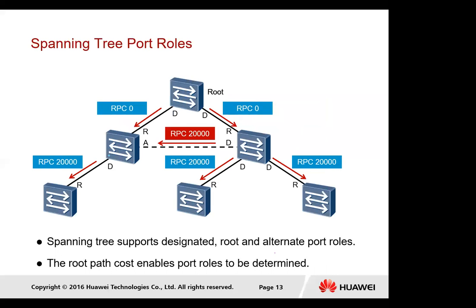Under spanning tree, there are 3 different port roles: the root port, designated port, and alternate port. Let's use this example to explain. Let me write it down on top.